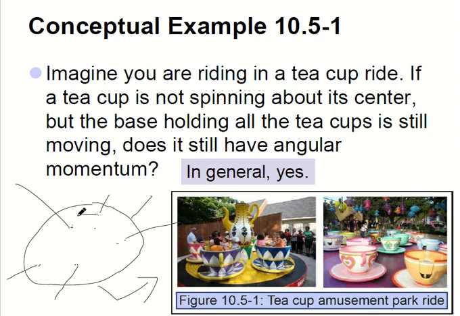So you can take this system base with all teacups as one angular momentum, and then you have each item on that base, your teapot and each of the 5 teacups, and they're all moving with their own angular momentum. So make sure that you understand that as well.